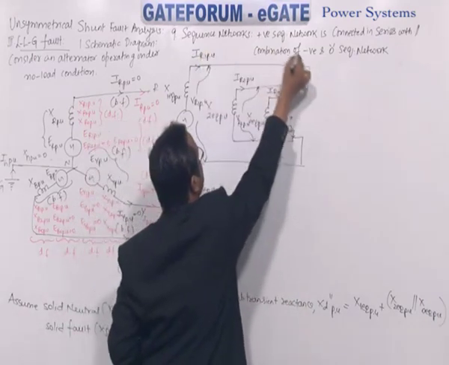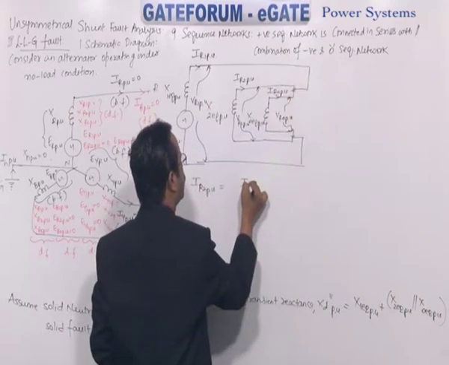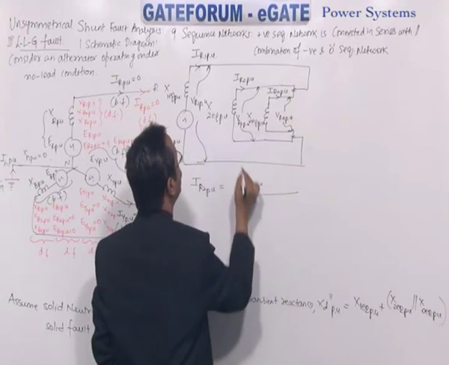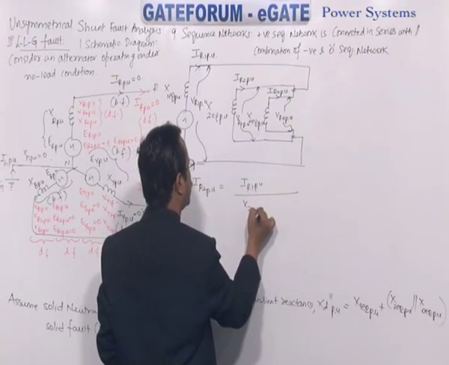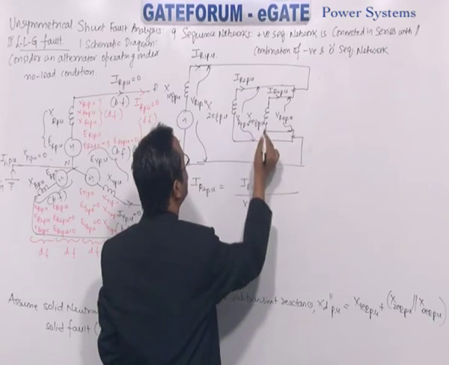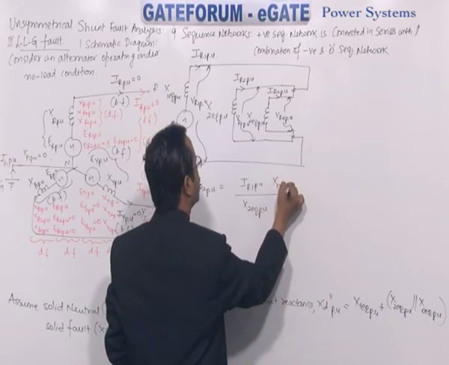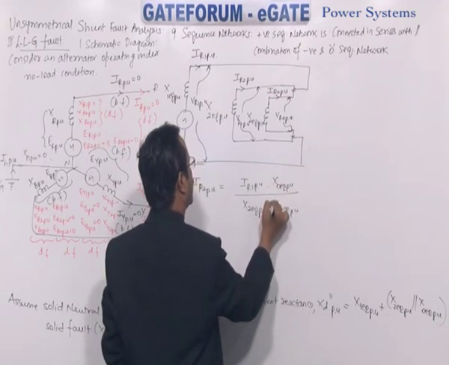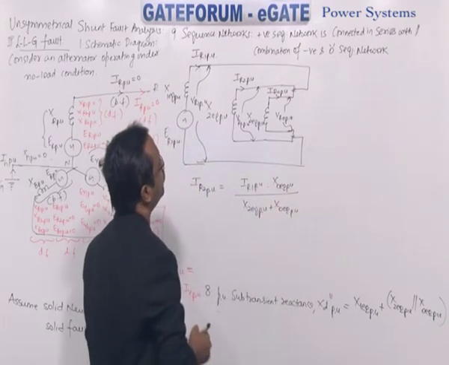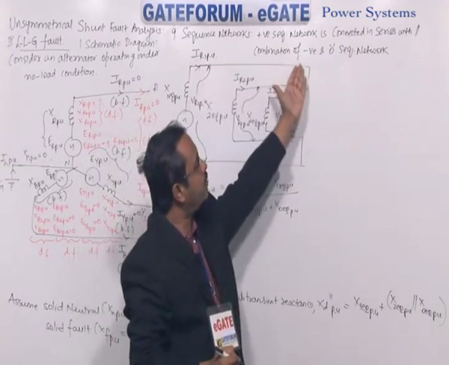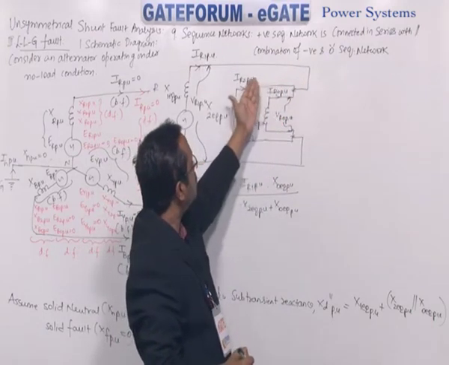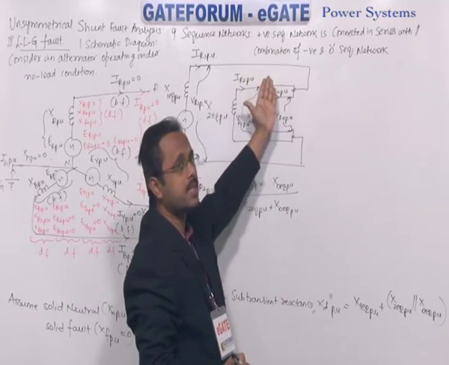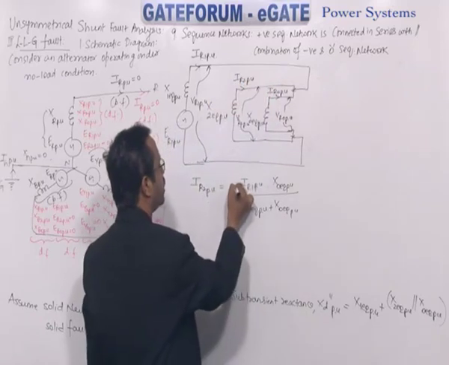The current entering is IR1 per unit, where IR2 is flowing through X2 equivalent per unit. To that, X0 equivalent is in parallel, so multiply in the numerator and add in the denominator. If IR1 enters like this, the current should flow further like this, but IR2 is flowing in the opposite direction, so we assign a negative sign.